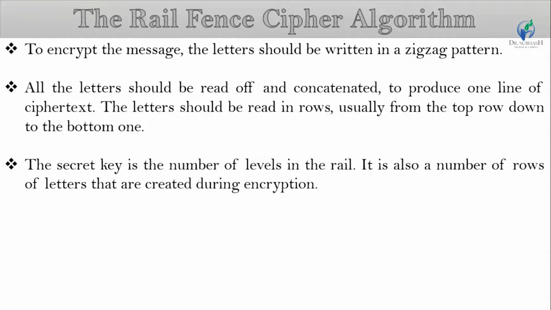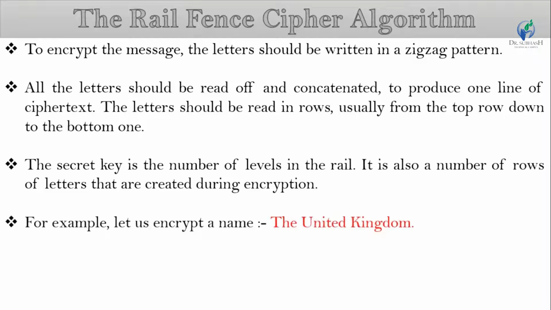These numbers cannot be very big, so the number of possible keys is quite limited. For example, let us encrypt the name of one of the countries in Europe, like the United Kingdom. Let's assume that the secret key is 3. So, 3 levels of rails we will produce.